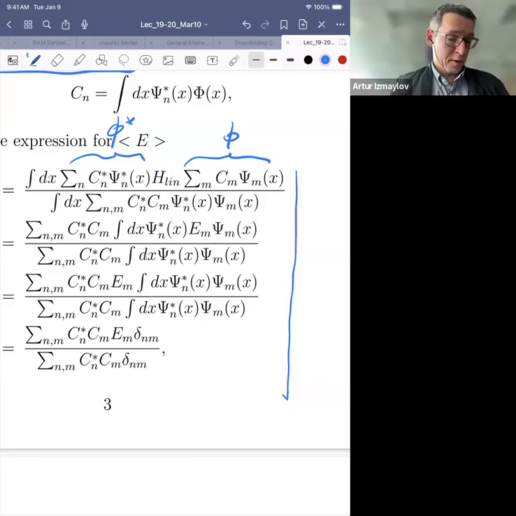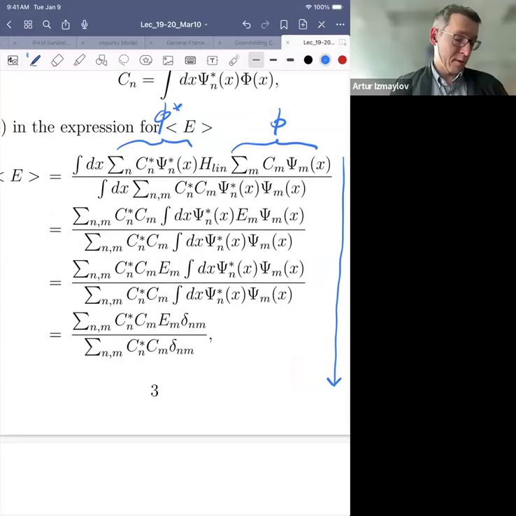Please let me know if it's not the case. I'll happily explain the steps. But if that's obvious, then after these few steps where we apply the Hamiltonian to its own eigenstates, we essentially get eigenstates, right? And in the denominator we have as well integration of eigenstates, which are orthonormal.